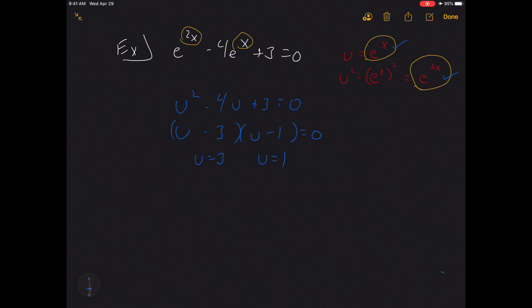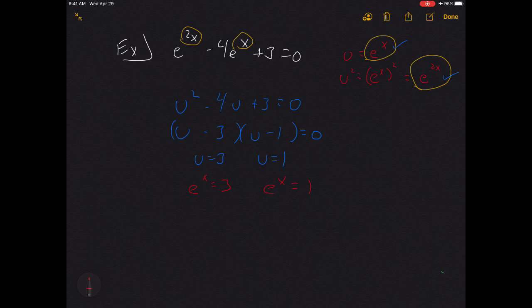Now that's great. That's solving this thing for u, but the original equation did not have u. So what I have to do is I have to plug the e to the x back in for u now. So e to the x was u, and I have to set e to the x equal to each one of those things, and now I have to solve those individually for x. Well, these are both exponential equations which now we can solve.